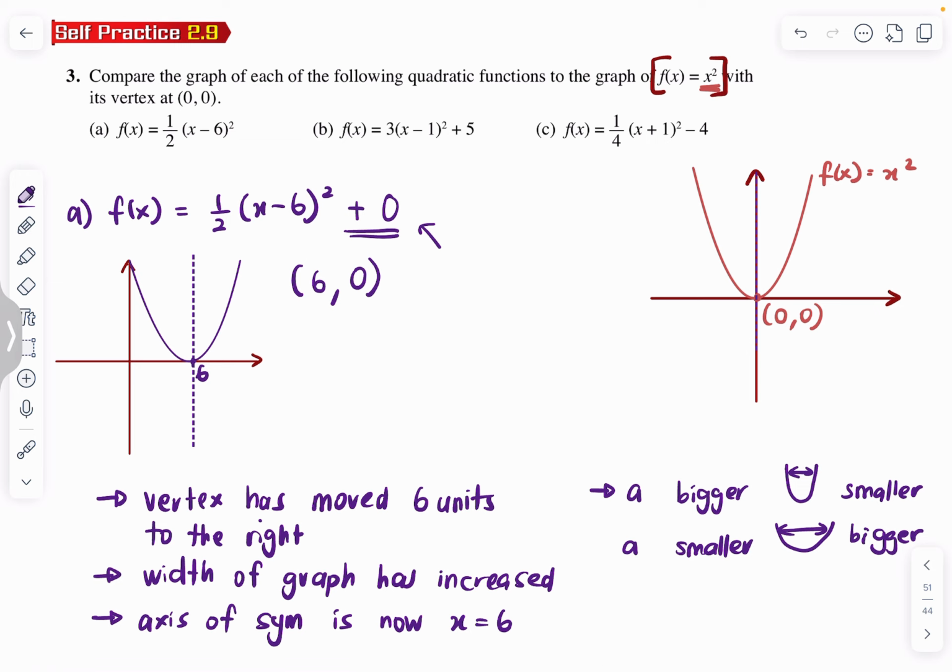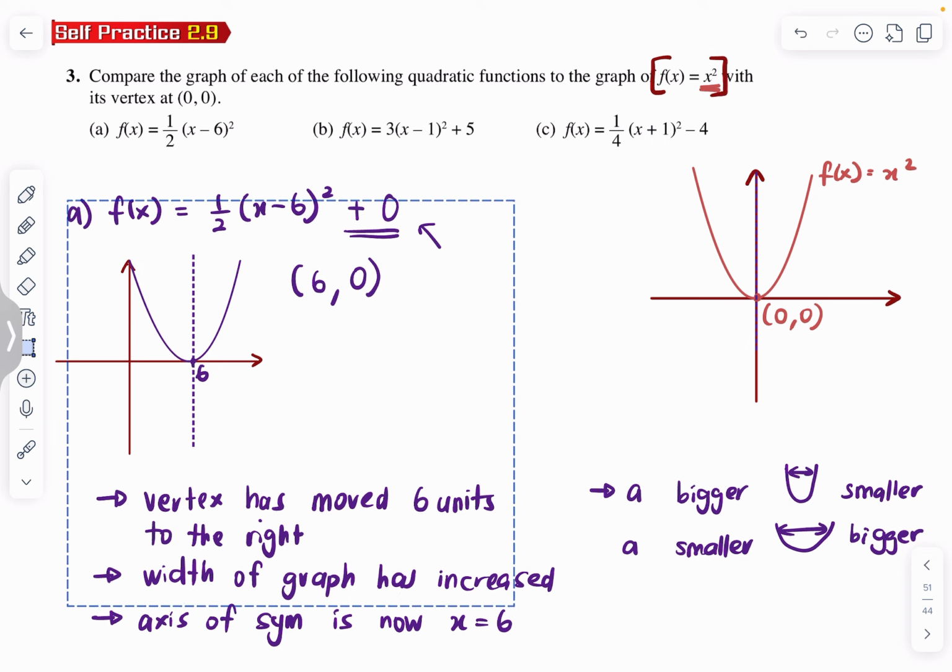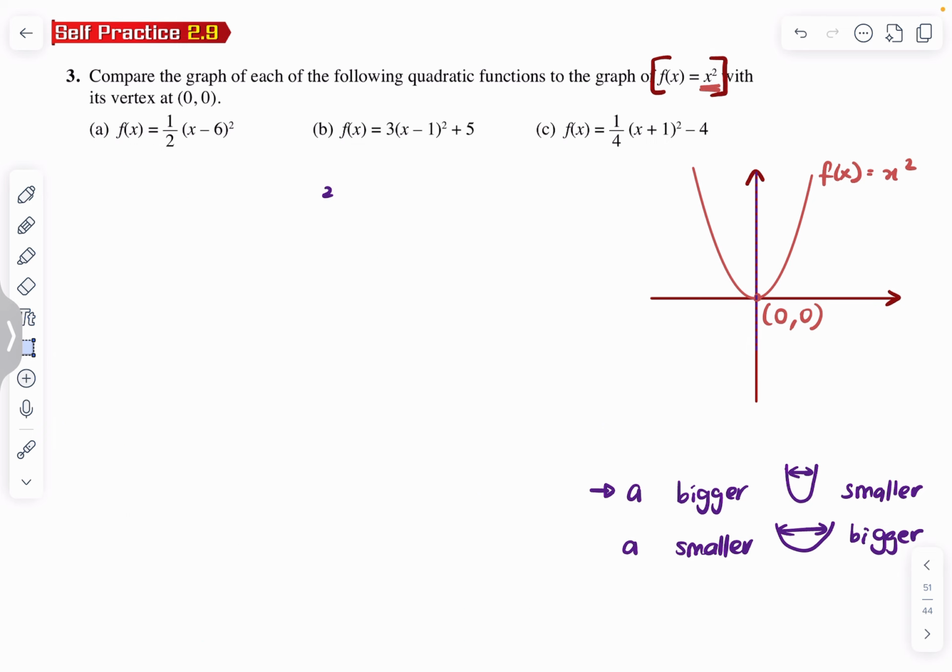Okay, let's look at B. f(x) equals to 3 (x minus 1) squared plus 5.